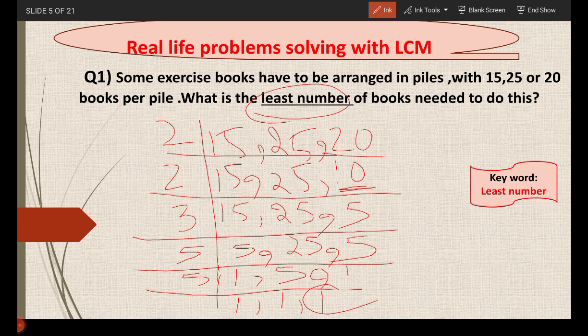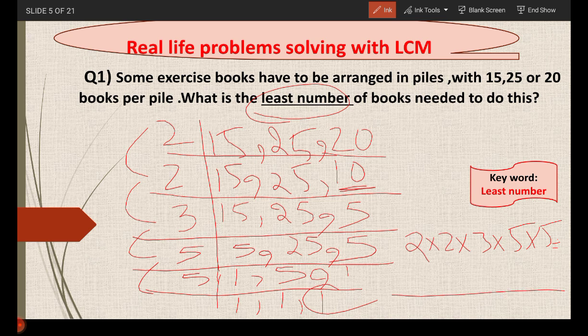Now how will you find the least number of books needed? Just multiply all these numbers. So you will get the answer: 2 twos are 4, 4 threes are 12, 12 fives are 60, and 60 fives are 300 books.